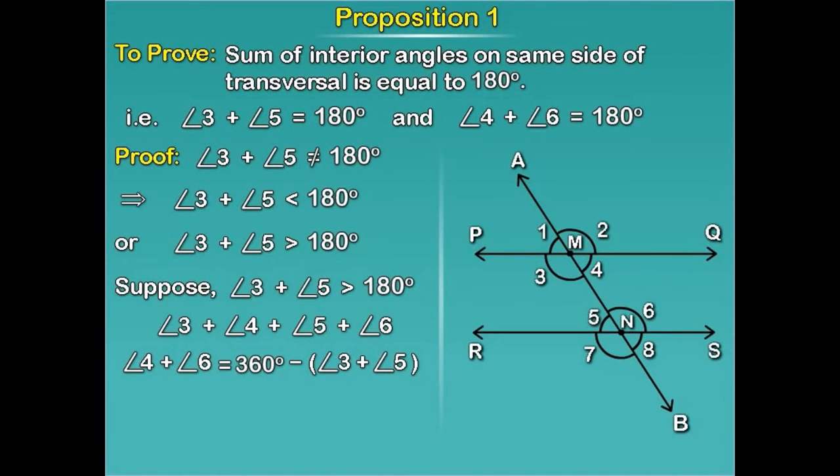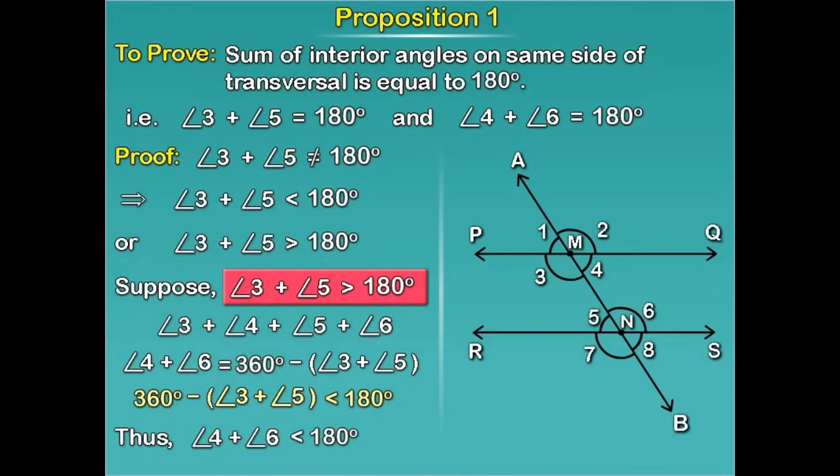As you have assumed angle 3 plus angle 5 to be greater than 180 degrees, so 360 minus (angle 3 plus angle 5) is less than 180 degrees.